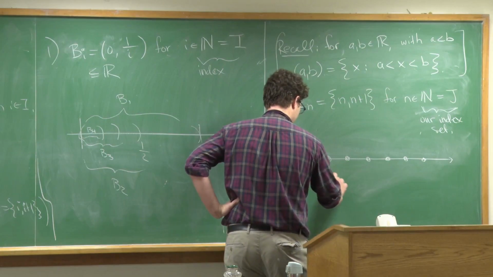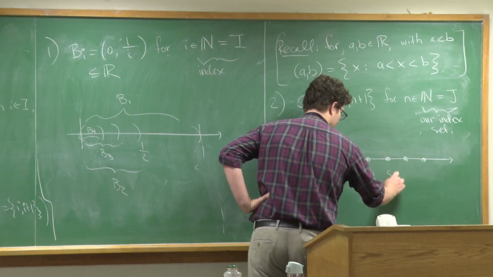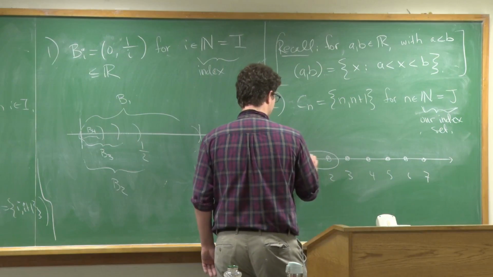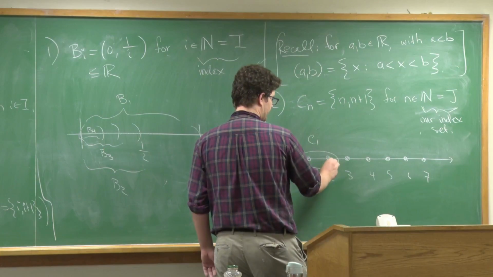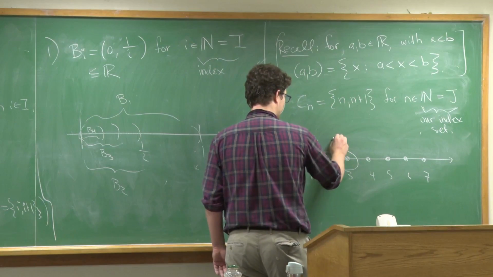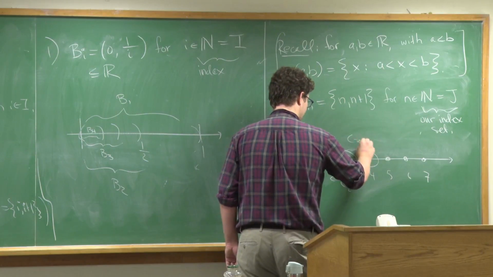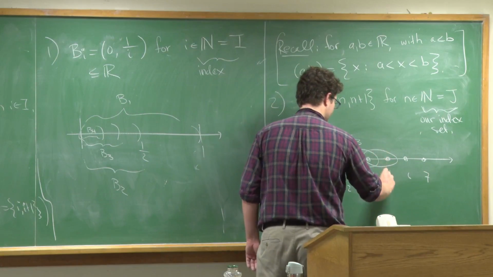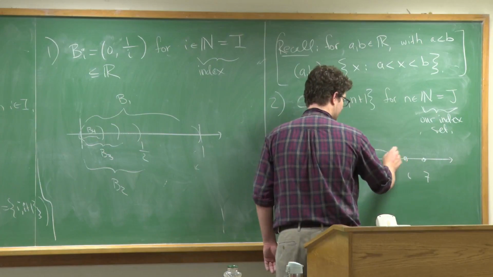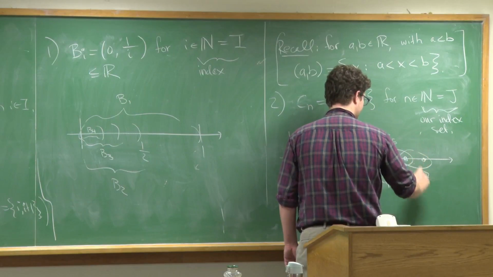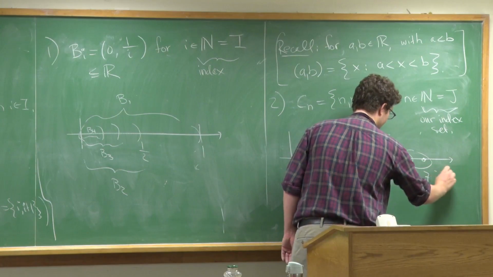So, this collection is C1, these 2 elements. This is C2. This collection here is C3. This collection here is C4. This collection here is C5. And this collection here is C6, and then you could keep going.